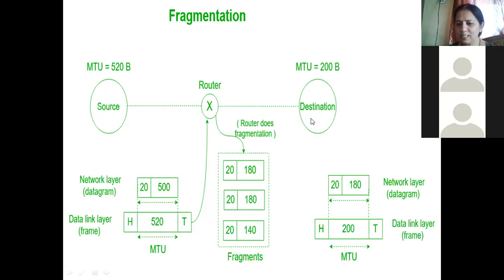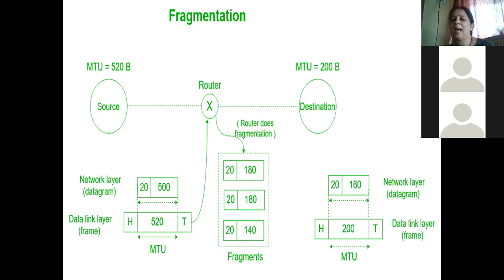Now the router passes it to the destination. See the destination's maximum transmission unit. Destination can accept packets which can be maximum up to 200 bytes. So 180 plus 20 is how much? 200. It will accept the data. So now every packet that comes to the destination, which is 200 bytes, is later on reassembled. Fragmentation has happened at the router.